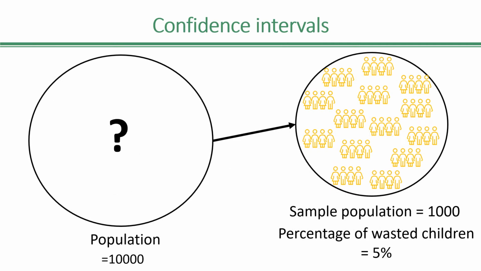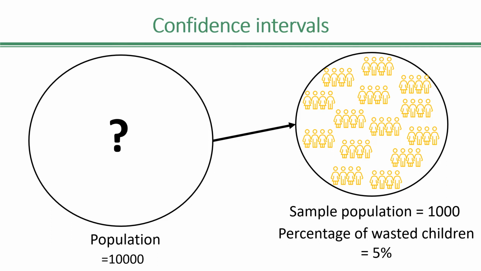Let's look at an example. Mohammed carried out a study in an urban settlement in Kenya. He wants to find out what percentage of children 6 to 59 months are wasted, or in other words, the percentage of children with weight for height Z scores below -2.